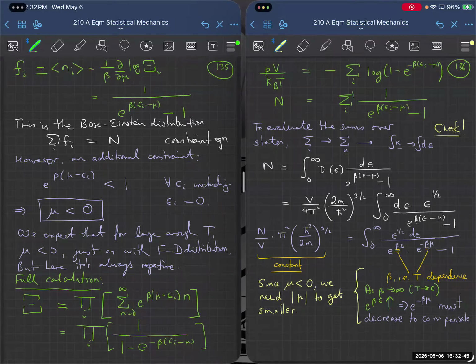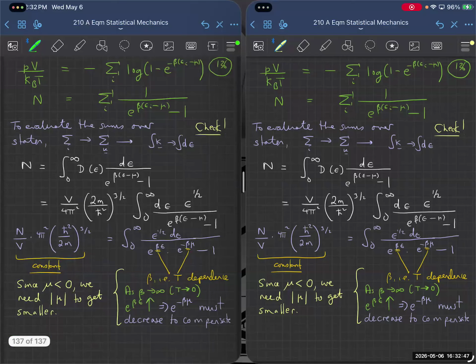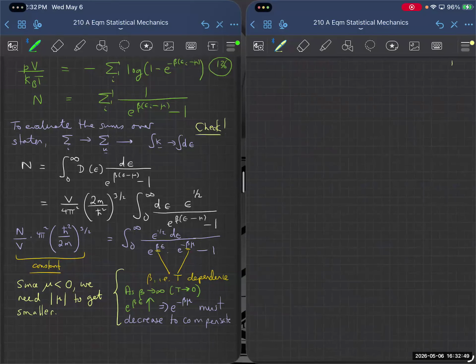And so let's draw a picture of that. Basically, we have a picture like this. Here is temperature, and here is mu, and here is 0.